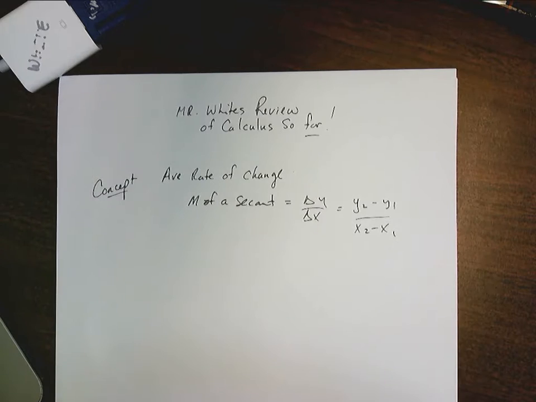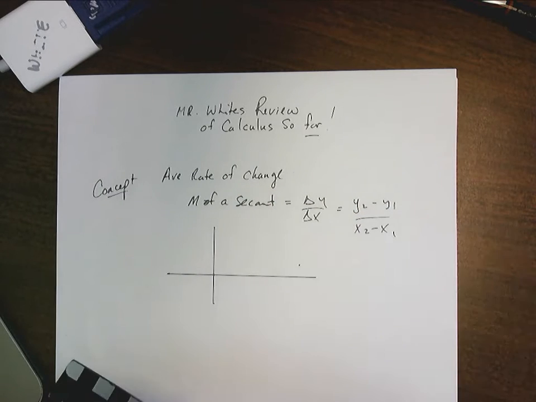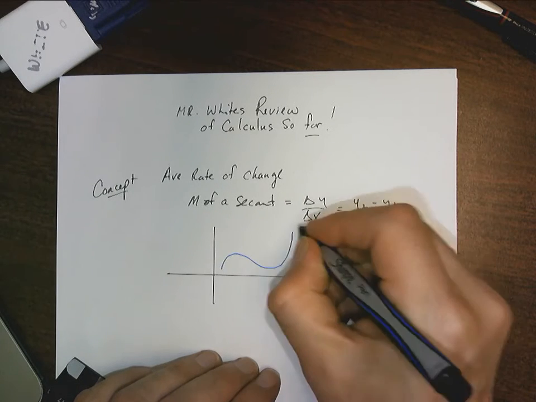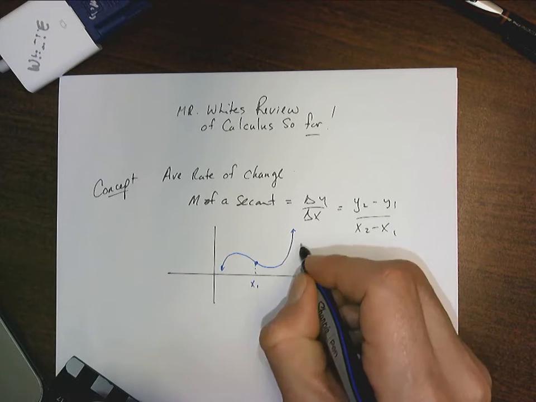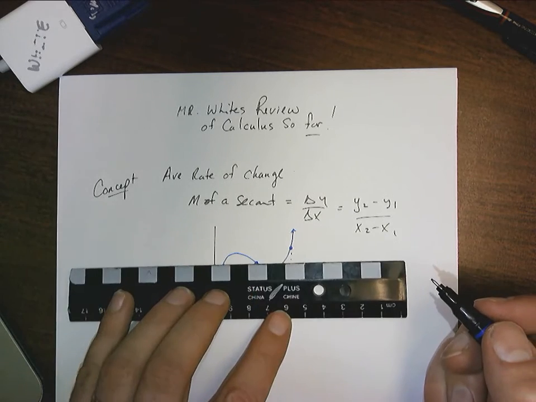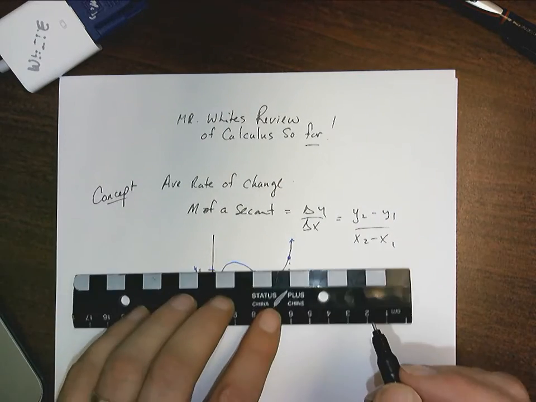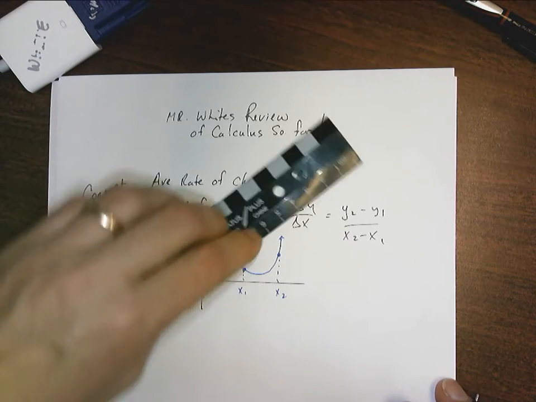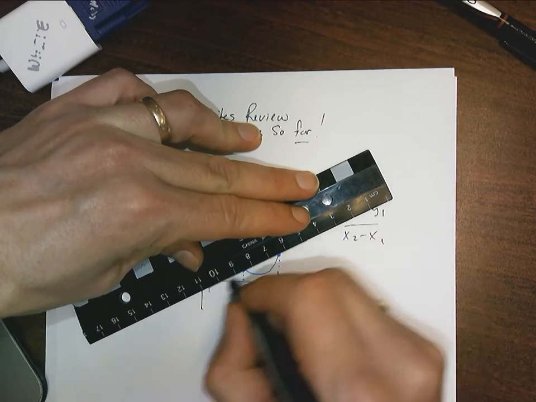So what that's talking about is if we have a function, and if that function does something, if we wanted the average rate of change between this point, x sub 1, and this point, x sub 2, 2 different places, notice that they have corresponding y sub 1s and corresponding y sub 2s, that the average rate of change could be determined by the slope of that secant.